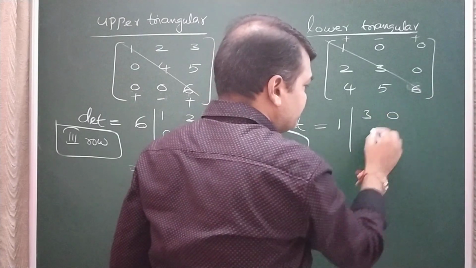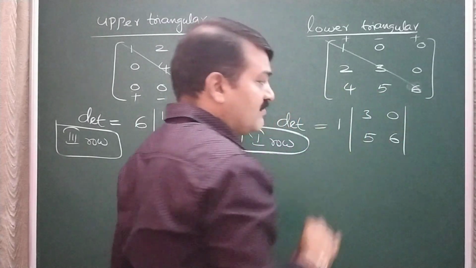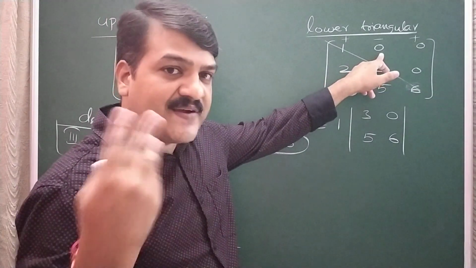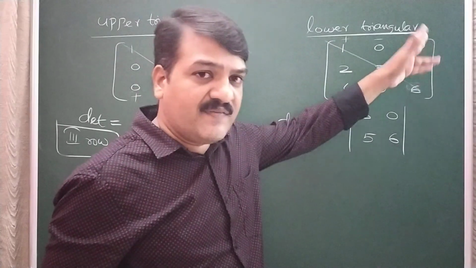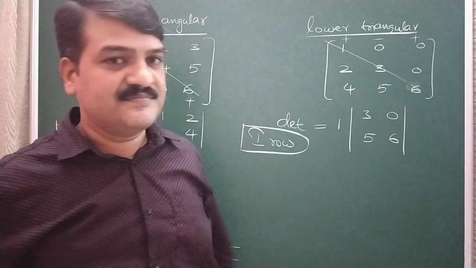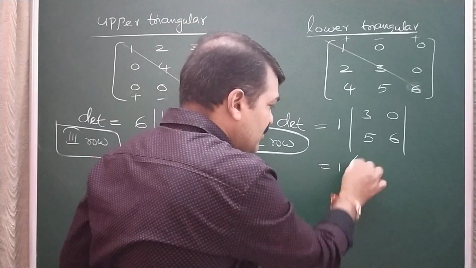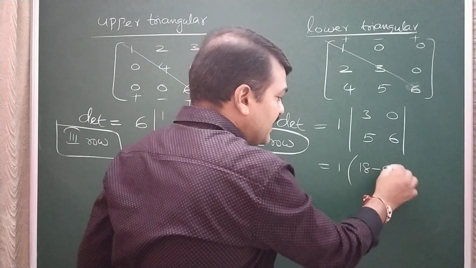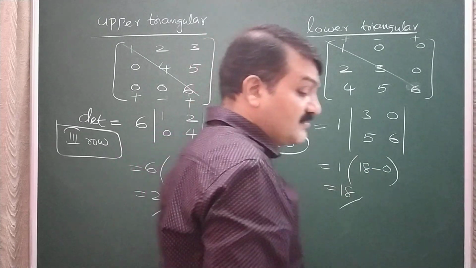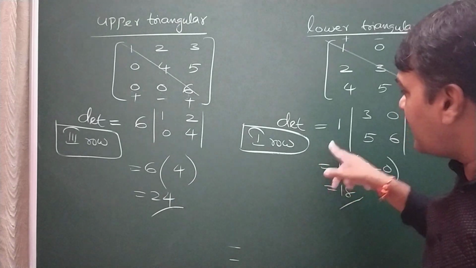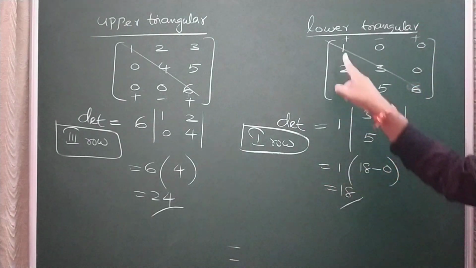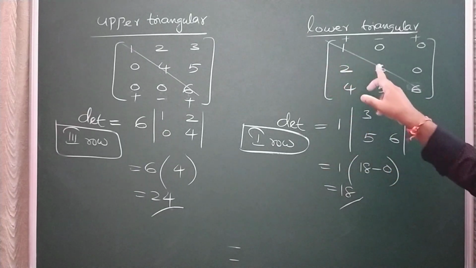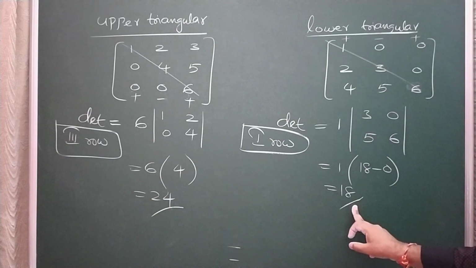The determinant of 3, 0, 5, 6. Next 0 into its cofactor is 0 only. Next 0 into its cofactor, 0. No need of writing. This is enough. So find now: 1 into the determinant, 3 into 6 minus 5 into 0. So 18 minus 0. The answer is 18. So in a lower triangular matrix, are you getting the determinant as the product of diagonal elements? Yes. The product of diagonal elements is 18 only. That is what we are getting.